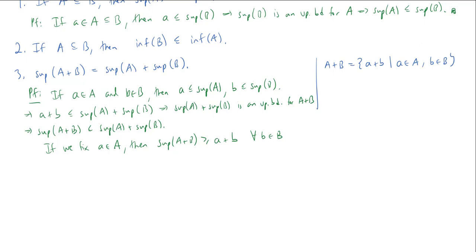Now, if I subtract the a to the other side, then I know that the supremum of A plus B minus a is at least b, again for all b in B. That tells me that the supremum of A plus B minus this fixed element a is an upper bound for the set B, because this is at least little b for all b in B. But if it's an upper bound, then it must be at least as big as the supremum.